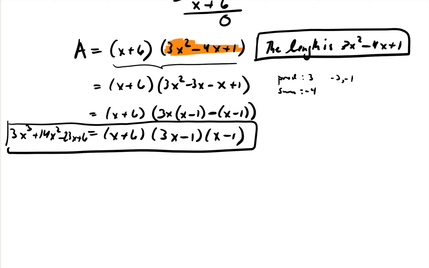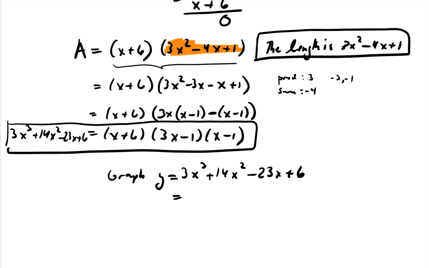And if we were to graph this, having it factored means that we know what the x-intercepts are. Because if we set this equal to 0, let's say we want to graph y equals 3x cubed plus 14x squared minus 23x plus 6.